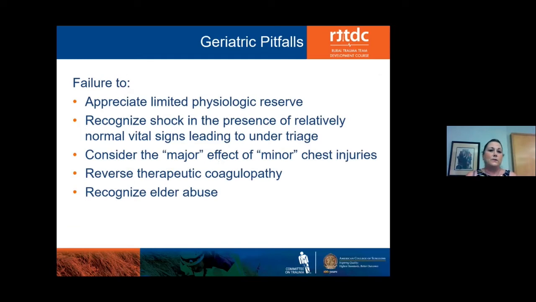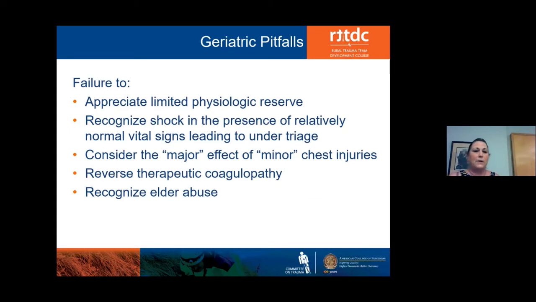Some of the pitfalls for our geriatric patients is failure to appreciate limited physiologic reserve, meaning that this older patient isn't going to be able to tolerate the blood loss like a younger adult would be able to.